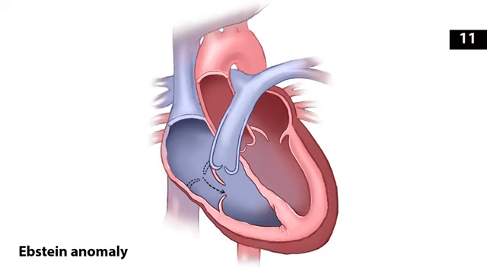And while we're talking about the tricuspid valve, let's take a quick sidetrack and discuss another anomaly of the tricuspid valve called Ebstein's anomaly. Ebstein's anomaly is a constellation of findings in which the tricuspid leaflets are displaced inferiorly into the right ventricle, and there's hypoplasia of the right ventricle, and there's also some tricuspid regurgitation or stenosis.